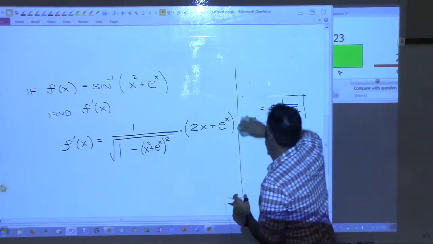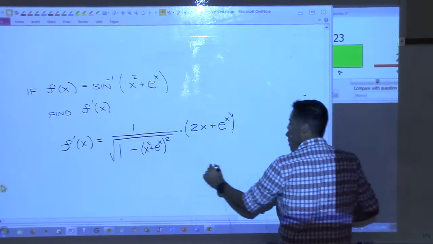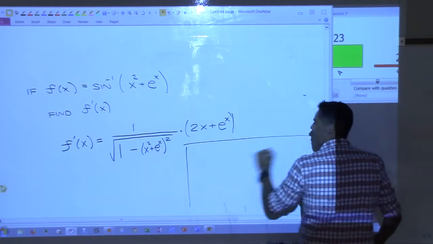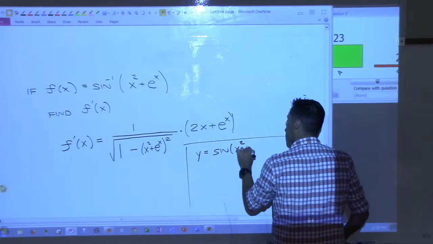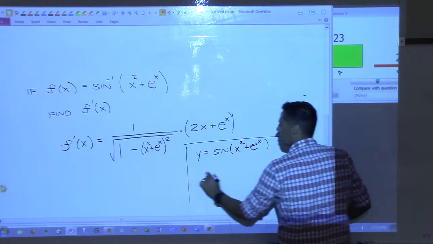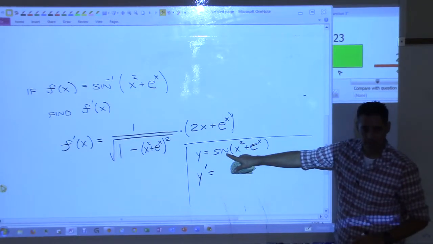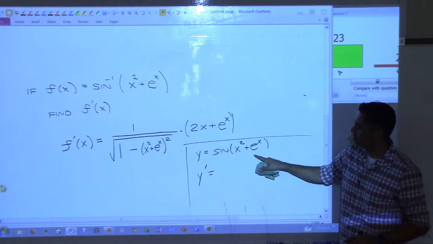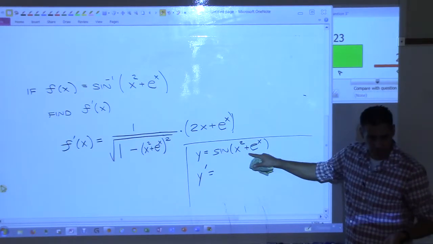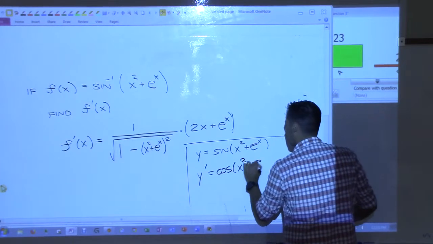So let me ask you a different question. Let's keep this up here, but what if I gave you y equals sine of x squared plus e to the x, and asked you for y prime? So not arcsine, but just sine. Then you would have to use a chain rule for this. You would say the derivative of sine of something is cosine of x squared plus e to the x.